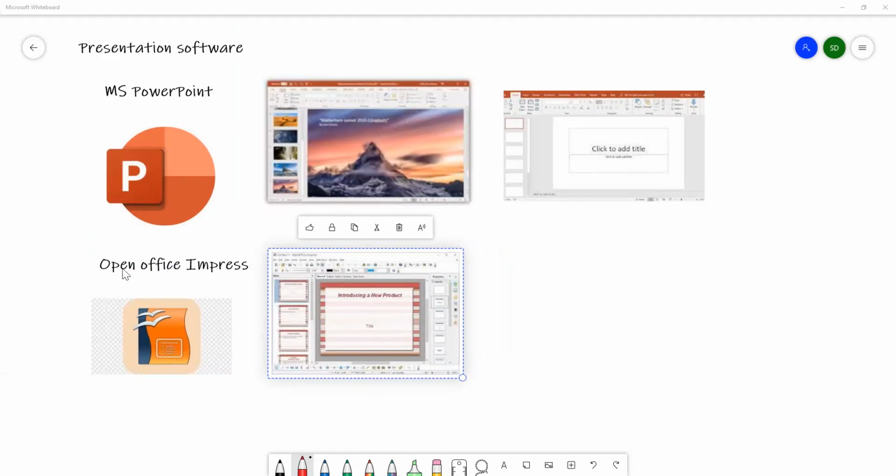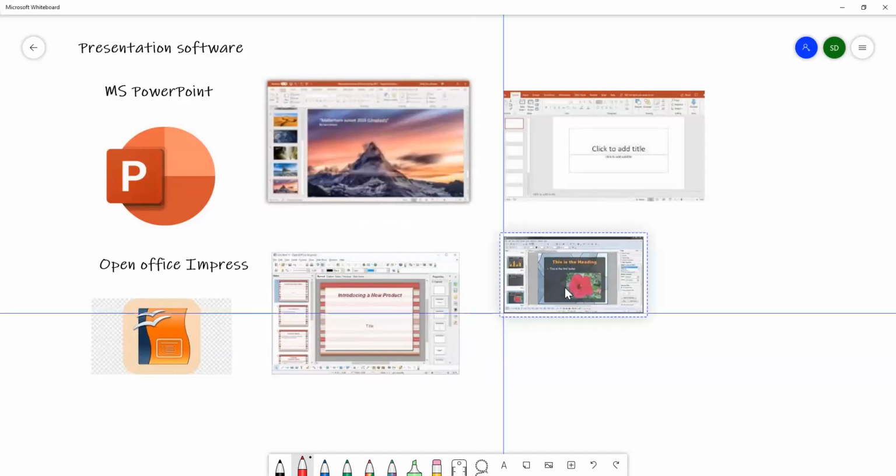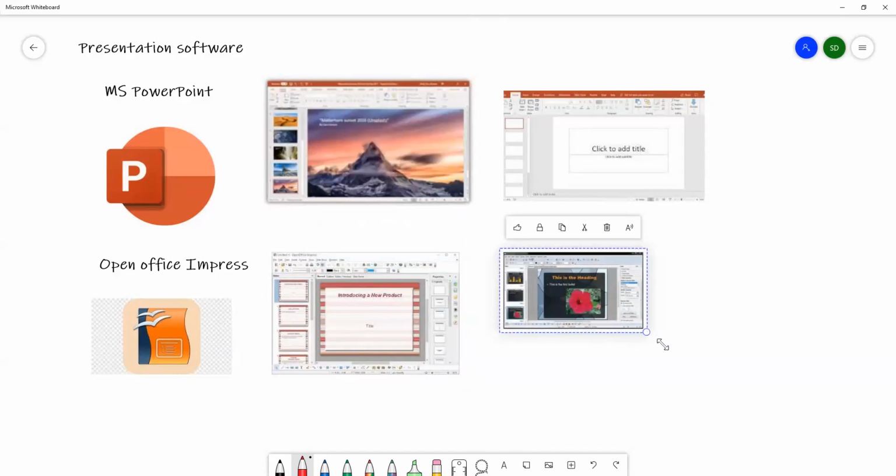Yes, we have something similar to LibreOffice as well, right? So that is also possible. You can also create nice presentations. You will have a similar interface like in PowerPoint.